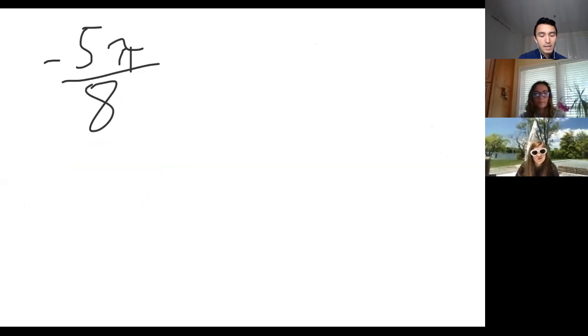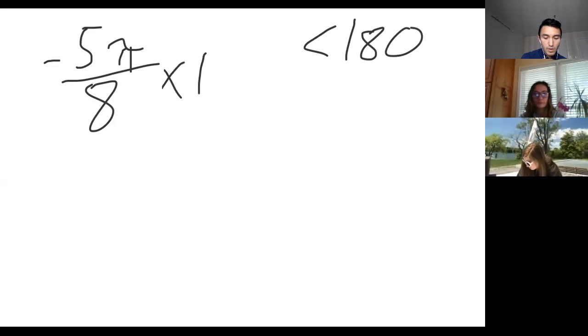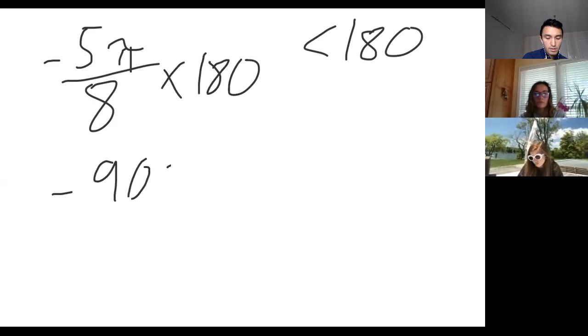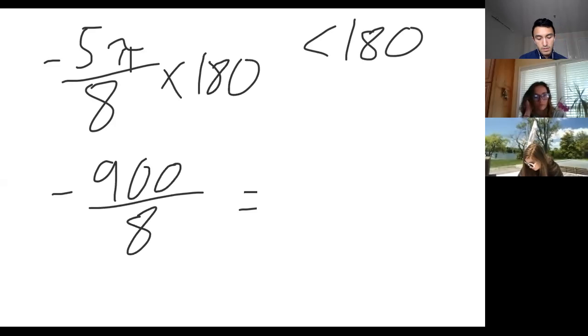So that's how you check your work a little bit. 5/8 is less than 1, so we know this is going to be less than 180. So let's just make sure we do it correctly. If we multiply by 180, it just depends how you like to do this. I'm just going to multiply it out. So this is going to be negative 900 divided by 8, which is also negative, sorry, I'm going to do this in my head real quick.